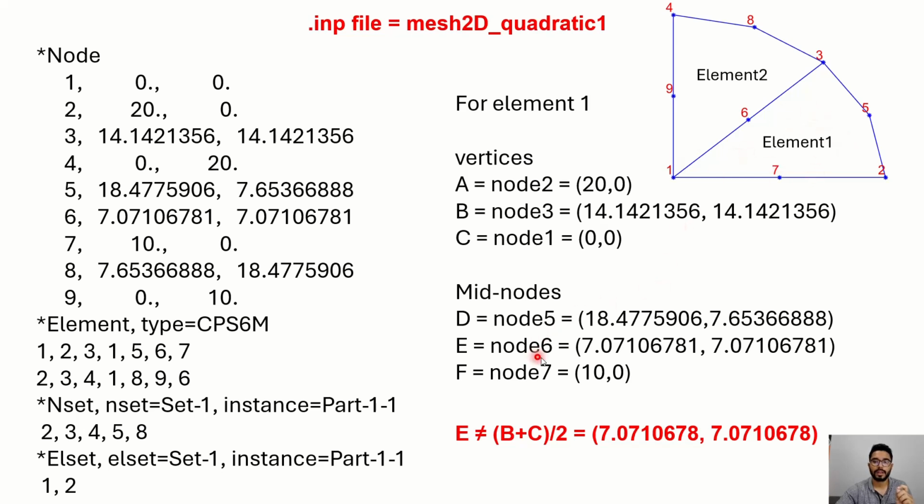the node 6, this E node, as per Abaqus, the corresponding coordinate of node E is 7.07106781. While if we take the midpoint of B and C, that is node 1 and 3, the midpoint comes out to be 7.0710678. If you see, the difference is in the order of 1e-8.